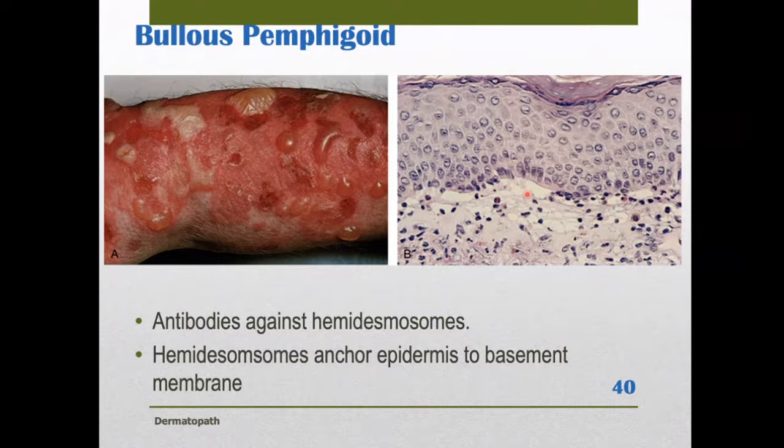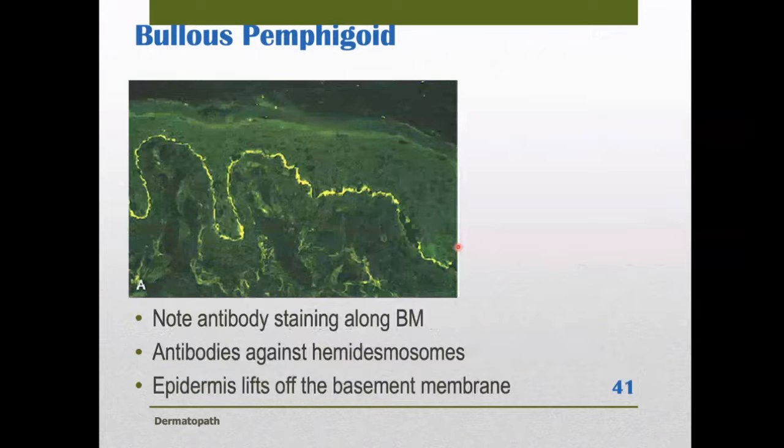But of course, in this case, because it is destroyed, you will not see the hemidesmosomes much. So the epidermis itself is intact, and there is detachment of the epidermis from the dermis, and in the dermis you have some inflammatory cells.